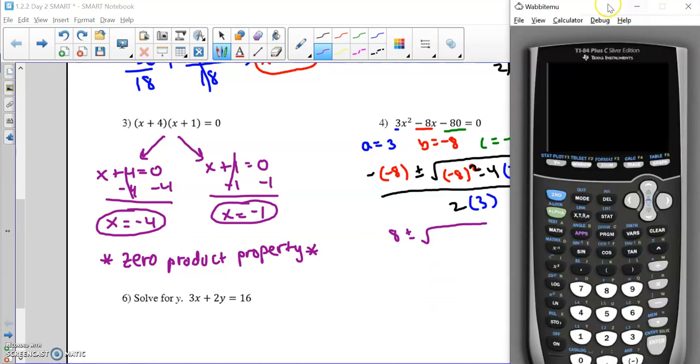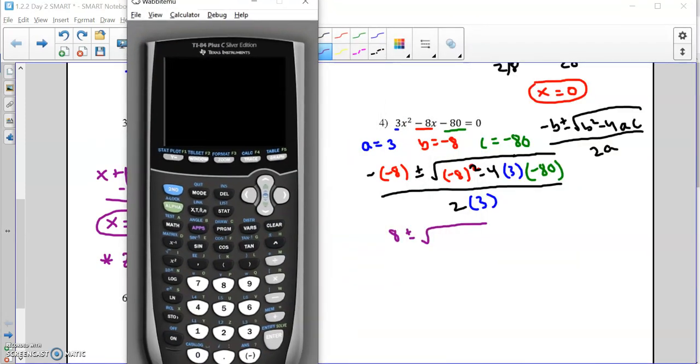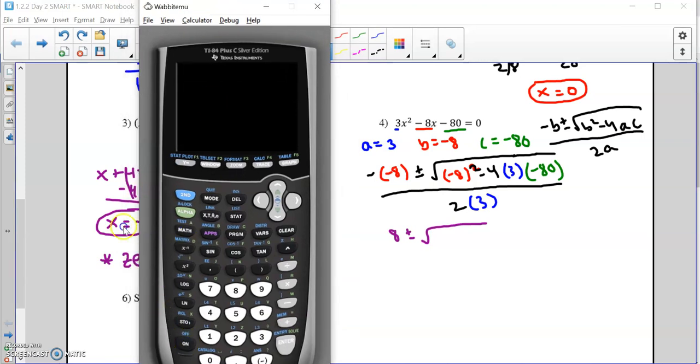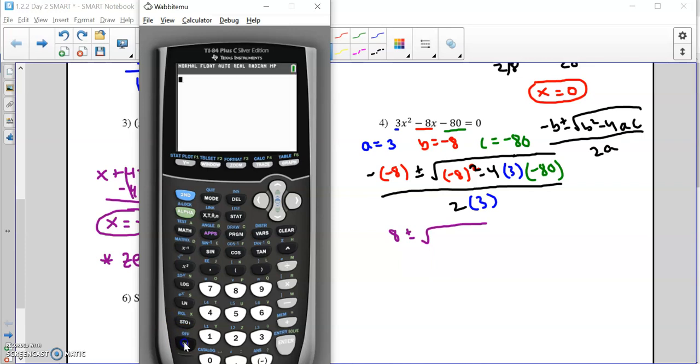One easy way you can do that is by just typing what's in there in your calculator. So we can just turn on our calculator. All right, so as long as you type it in exactly how you see it, make sure you use all the parentheses that I've put there.